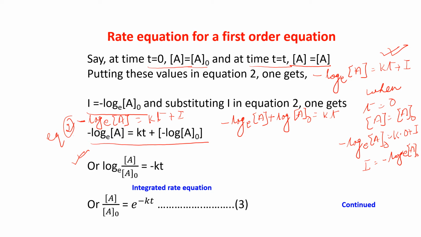Now log e A by A0 is equal to minus kt, and that is why the minus sign is here. Now the integrated rate equation: A by A0 is equal to e to the power minus kt. This is the integrated rate equation for a first order reaction.